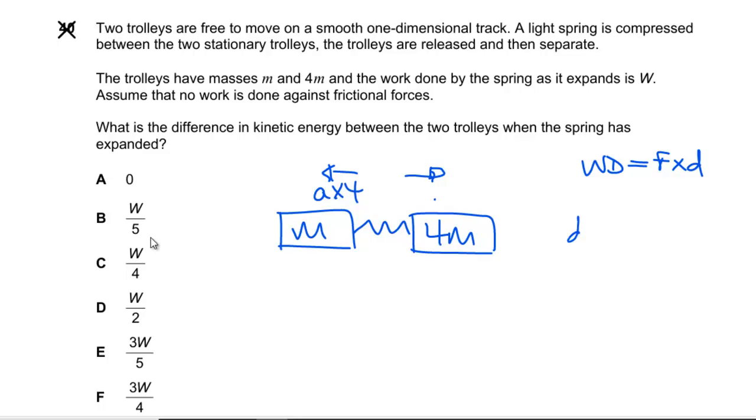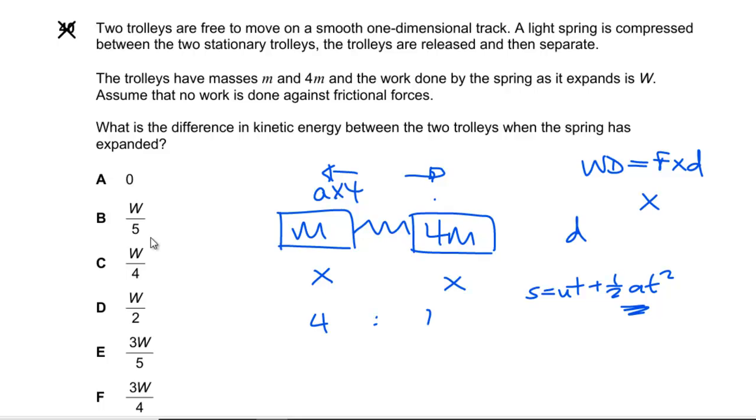The distance they're going to move is proportional to the acceleration, if you think about s = ut + a half at squared, sad as I am to write out that equation. So this one's going to move 4 times further than this one, which means we're going to be doing 4 times the amount of work because they've got the same amount of force. So we're splitting the energy 4 to 1.